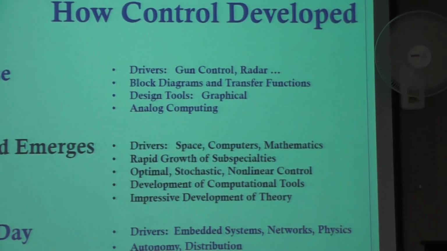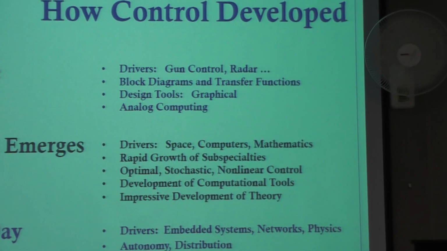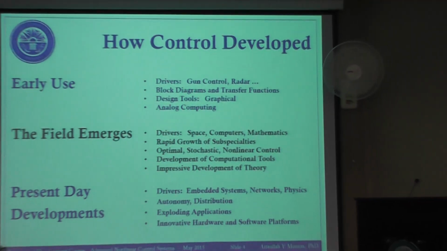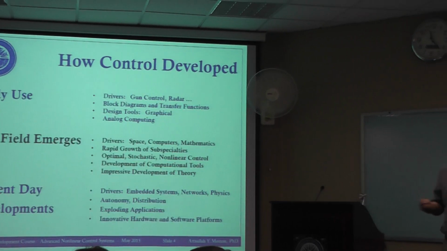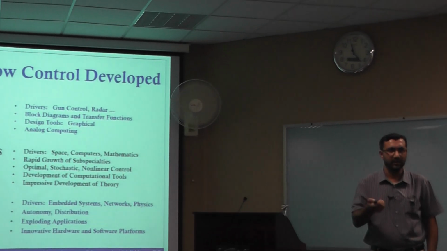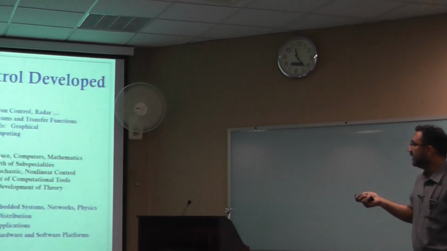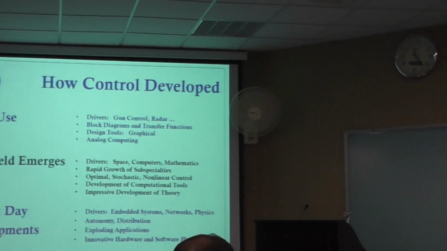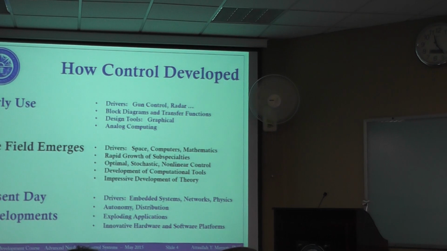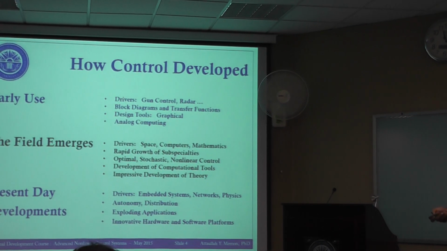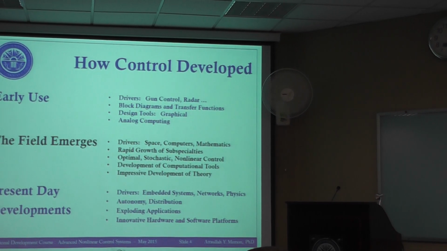The field emerged, and the drivers were space. This is the time when World War II was over, and there was a race between the US and the USSR, now the Russian Federation, a race for space wars, Star Wars, stuff like that. In those times, R.E. Kalman and others contributed.